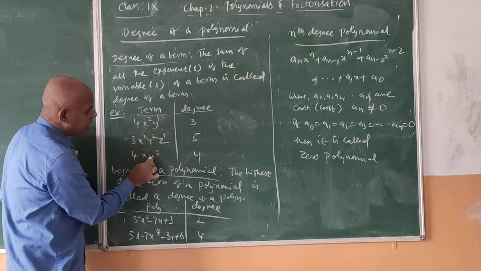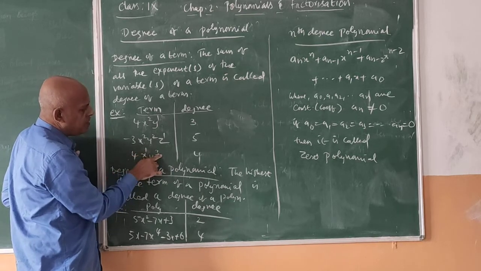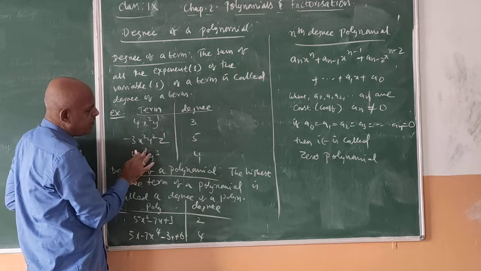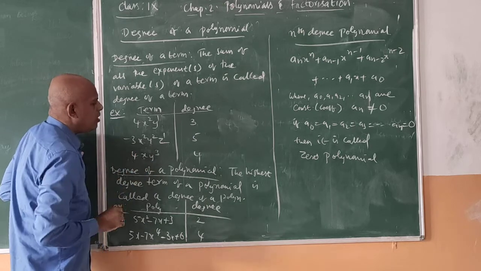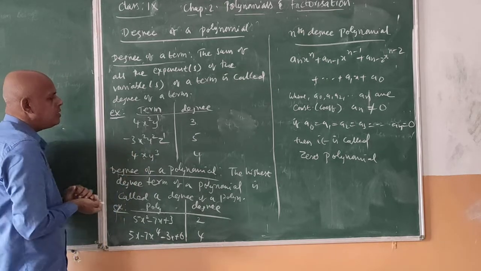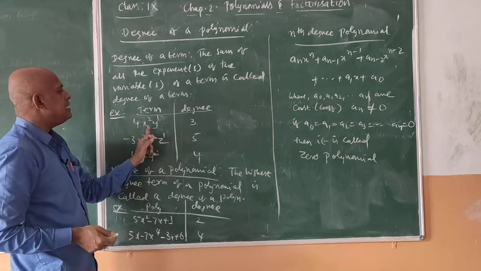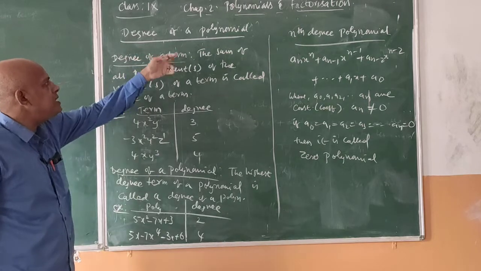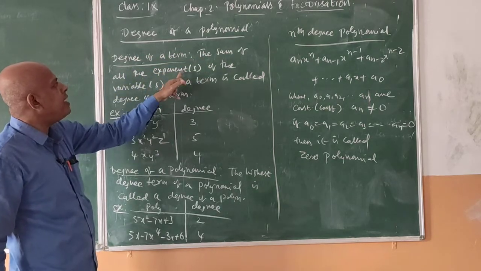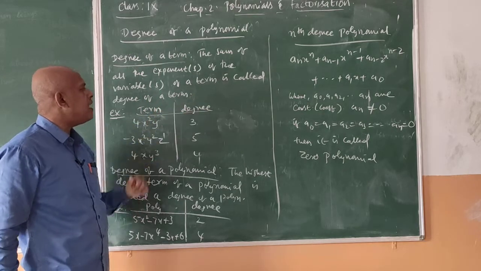And here 4x y cube. Two variables are there, and nothing is 1. 1 plus 3 is 4. The degree of this term is 4. When the power is 1, we do not write x power 1, y power 1 like that. So the degree of this term is 4, of the next is 5, and of the other is 3. Overall, the sum of the exponent or exponents of the variable or variables of the term is called the degree of the term.